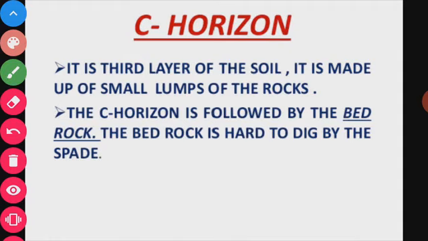The C horizon is the third layer of soil. It is made up of small lumps of rocks. The C horizon is followed by the bedrock.